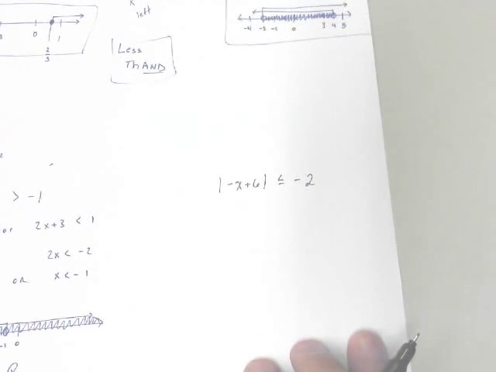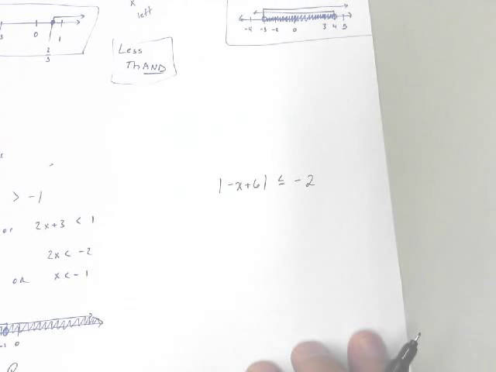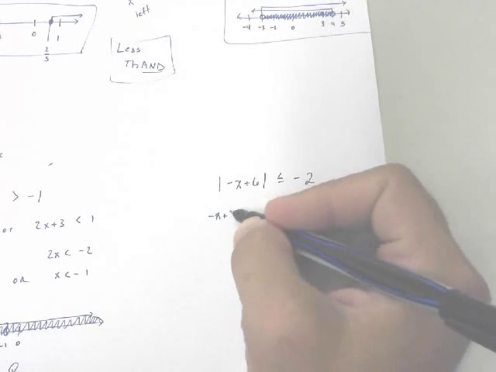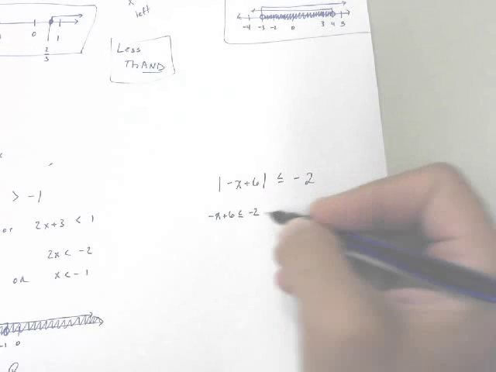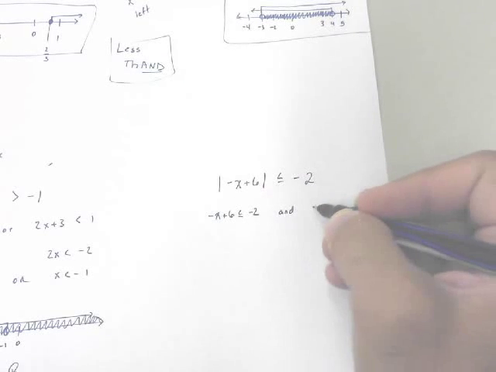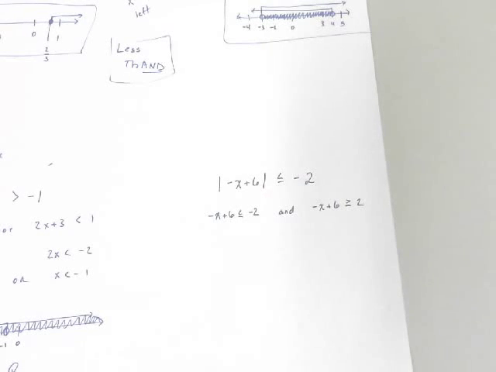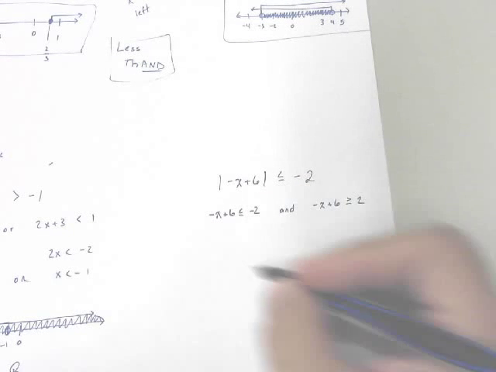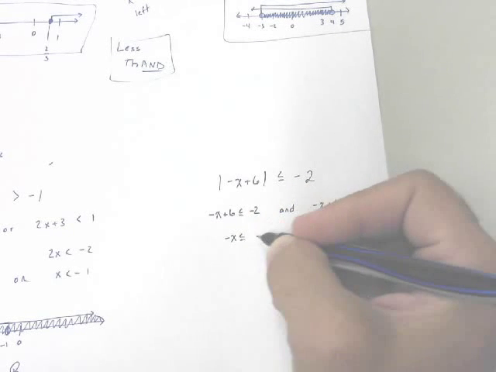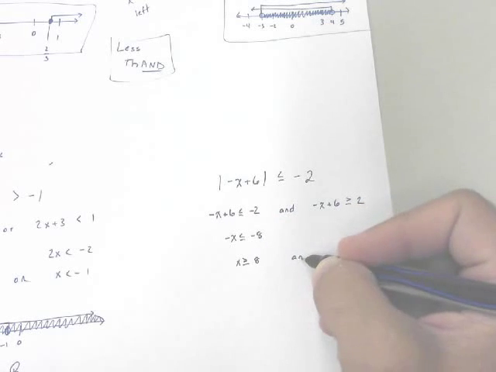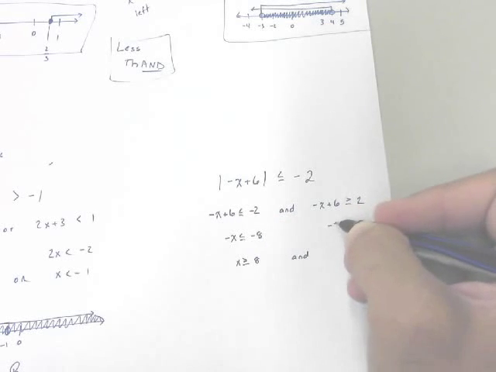See if you can catch what's going on with this problem before I start trying to solve it. I'm going to pretend like nothing's going on here and I'm not paying any attention, and I'm just going to go ahead and solve the problem. Changing the sign, flipping the symbol, including the and, because this is a less than or equal to problem.